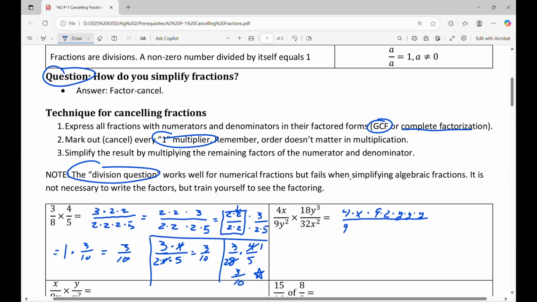I'm going to use the definition of the exponent and call the y squared a y times a y. But remember that I said that I see that 4 is part of the making of a 32, 4 times 8. So I'm going to re-express the 32 as a 4 times an 8. And then the x squared, rather, I'm going to call an x times an x.